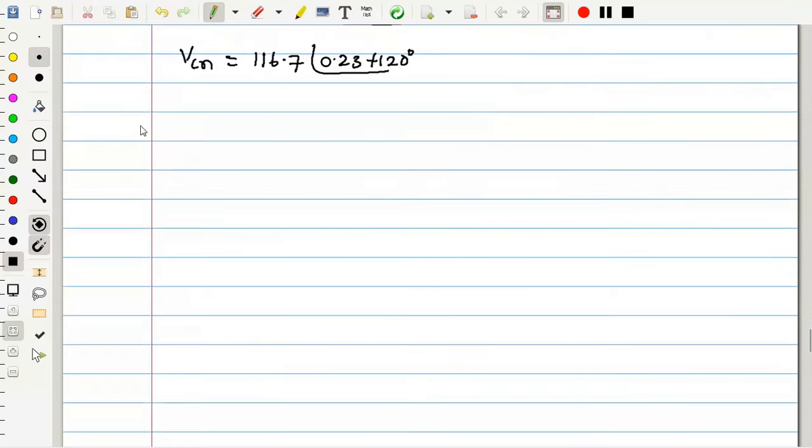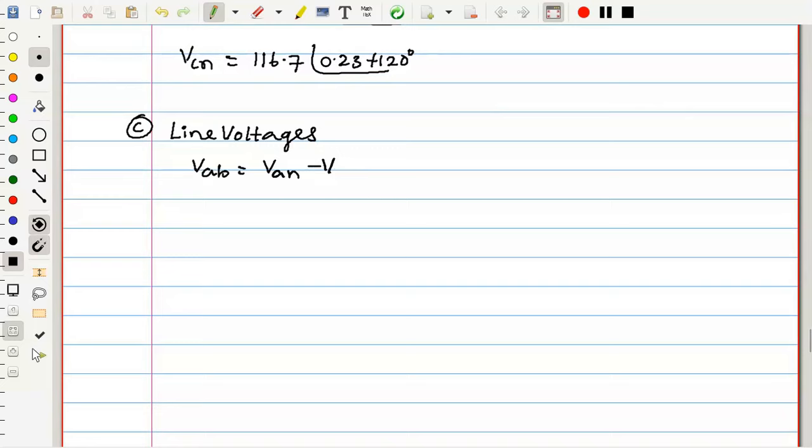So now part C is the line voltages. Out of that, VAB is equal to VAN minus VBN. How I got this is by KVL again.